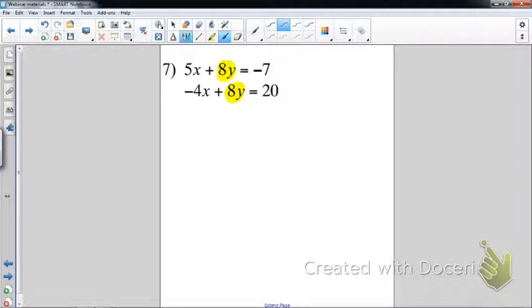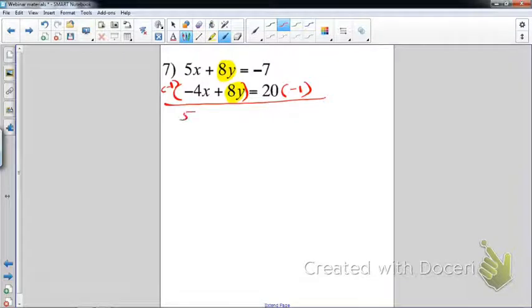So I'm just going to go ahead and multiply the left hand side by a negative 1, and I'm going to multiply the right hand side by a negative 1. And in doing that, it allows me to turn this positive 8y into a negative, so that when I add it to the first equation, they eliminate, or they simplify to 0.